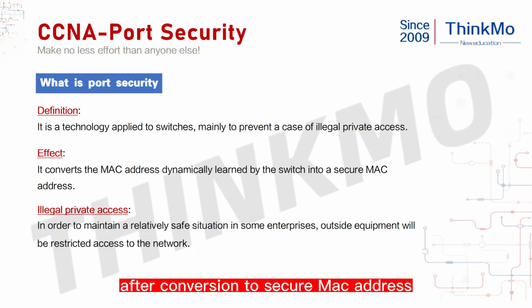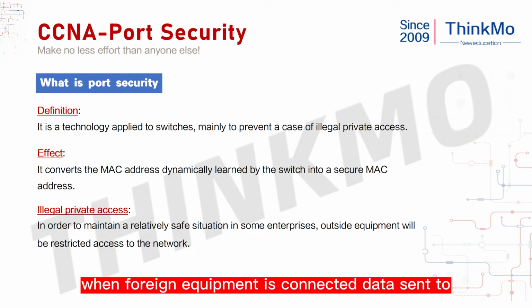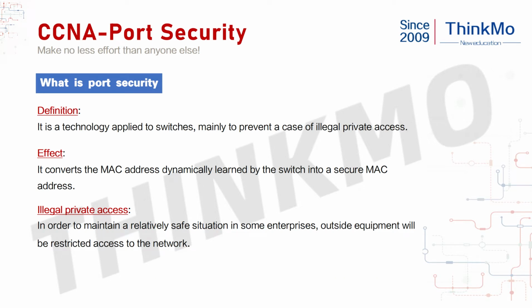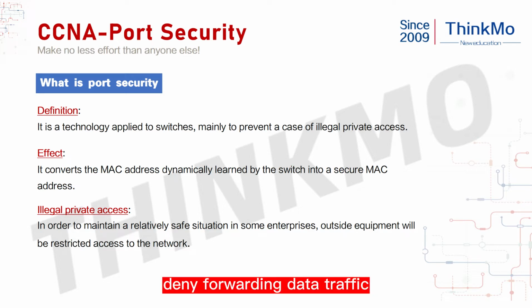After conversion to a secure MAC address, when foreign equipment is connected and sends data to the interface of the switch, the switch will detect that the MAC address it learned from this interface is not a secure MAC address. So the switch will deny forwarding data traffic, that means refusing to accept your traffic.